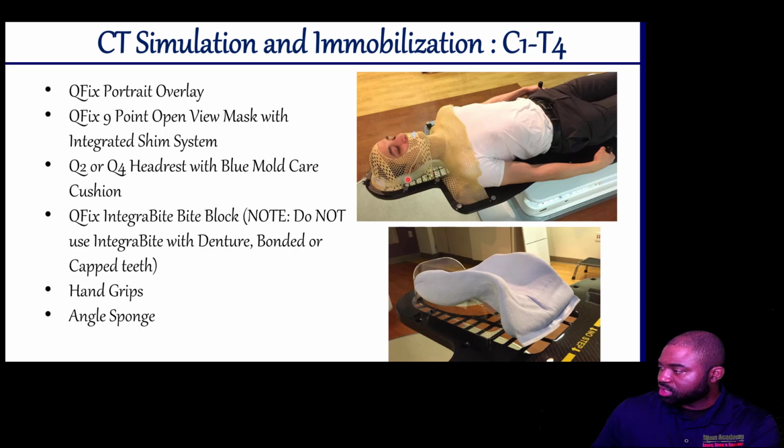You can clearly see that under the patient, and depending on the comfort level of the patient, we also use a hand grip in order to have a more reproducible position. The diagram here doesn't show it, but we have often used an ankle sponge to make the patient as comfortable as possible.